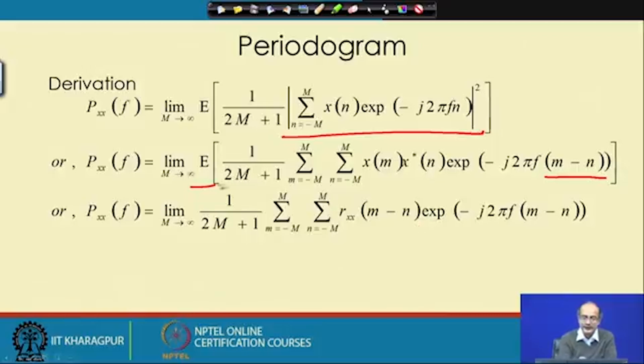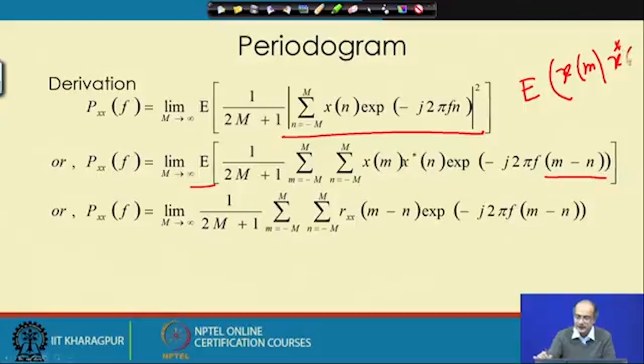So, if we take it inside, then we will get actually a term expectation of x m into x star n. Okay. We will get a term like this. So, from that we get that is nothing but our autocorrelation function for the m minus nth lag.